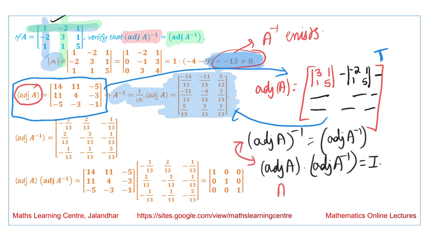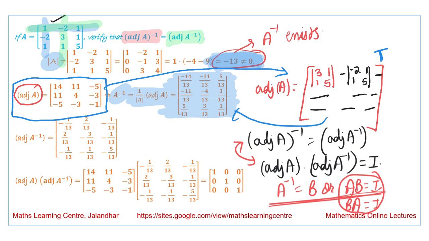We write that A inverse is equal to B, or we prove that A into B is equal to I, or B into A is equal to I. These conditions are equivalent. So in place of calculating the adjoint of A inverse, we are calculating the value of adjoint of A into adjoint of A inverse.